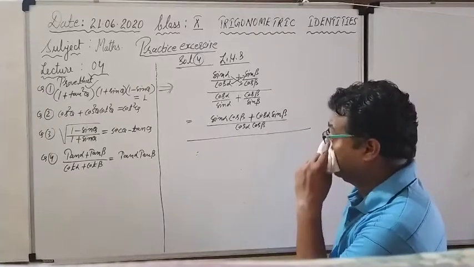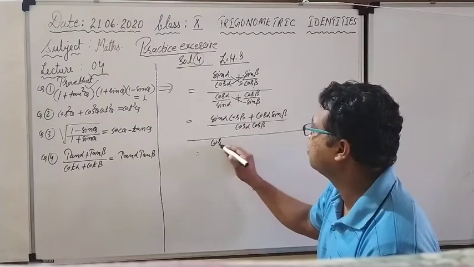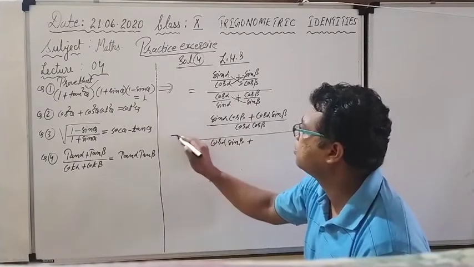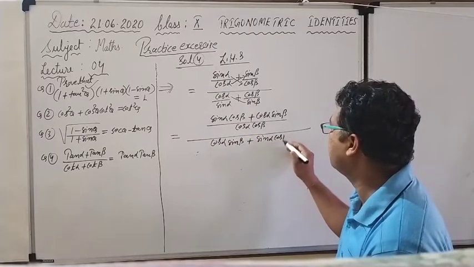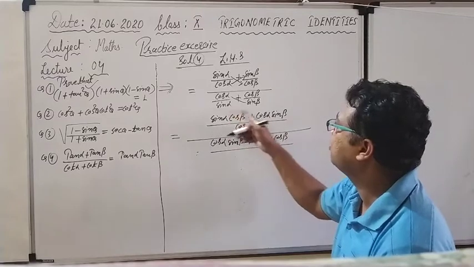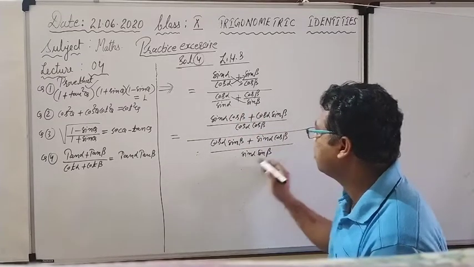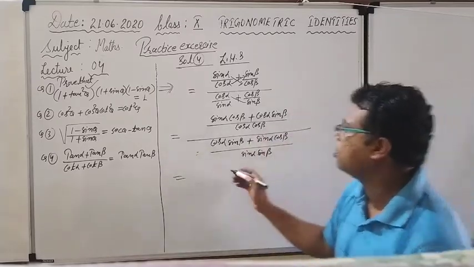Right now see, here also cos multiply, so cos alpha sin beta plus sin alpha cos beta upon sin alpha into sin beta. I think that you are able to understand. Right now see what we have to do, just take the reciprocal.